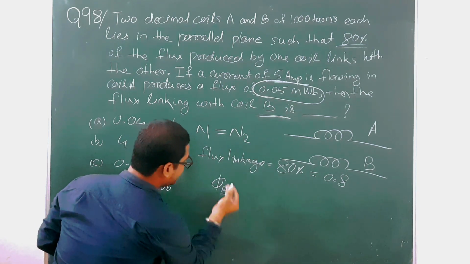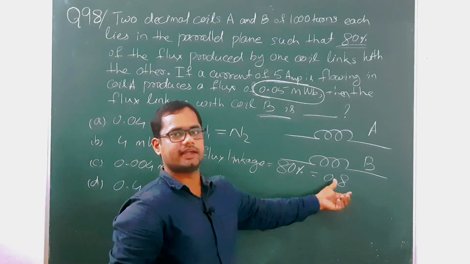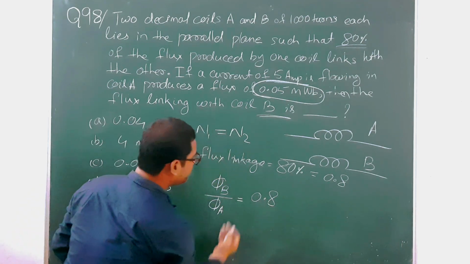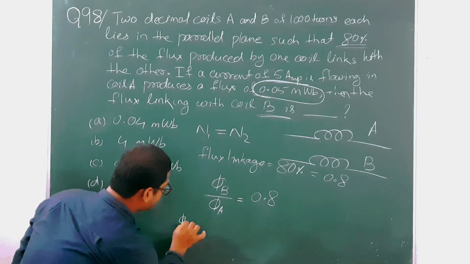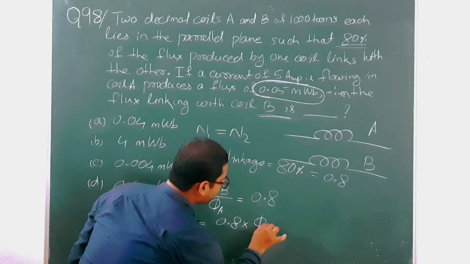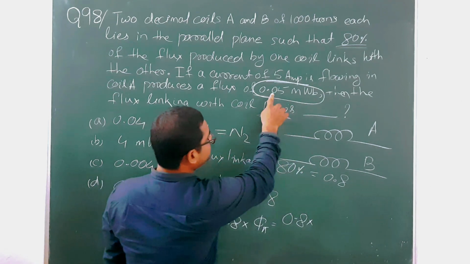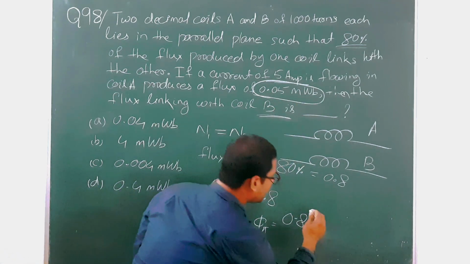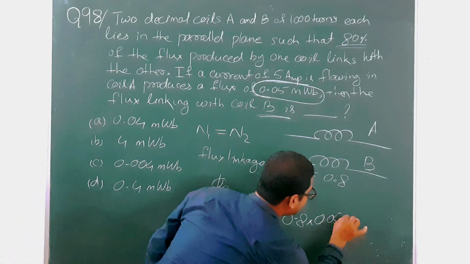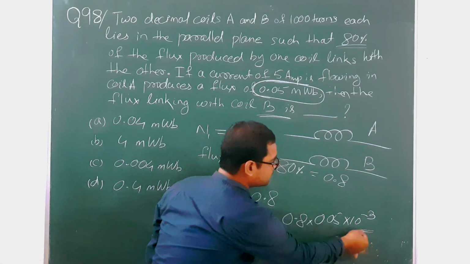So phi B with respect to phi A is equal to the amount of linkage, which is 0.8. If you want to find the phi B value, it will be 0.8 into your phi A value, and phi A is 0.05 milliweber. If we convert milliweber into weber, it is 0.05 into 10 to the power minus 3 weber, because milli means 10 to the power minus 3.